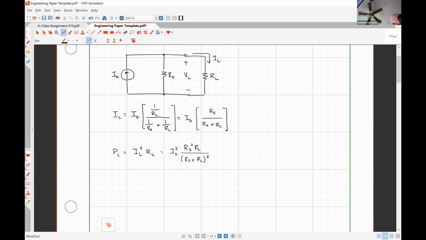And I believe that I have. I squared the numerator of my fraction, I squared the denominator of my fraction, I remembered to square IS, and I multiplied it through by RL.